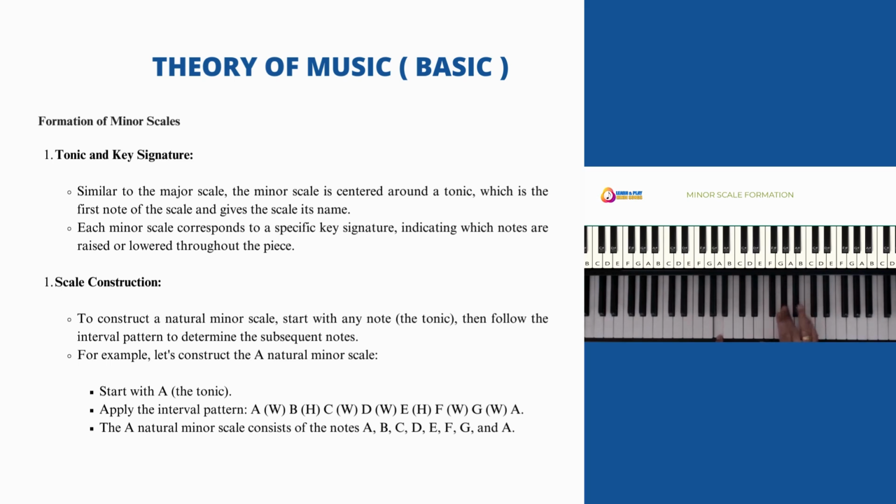So 1, 2, 3, 4, 5, 6, 7, I won't play. Then the 8. Now you will feel, oh my God, this scale is matching our Indian ragas. Of course. So this is the scale of A minor: A, B, C, D, E, F, G sharp, A.